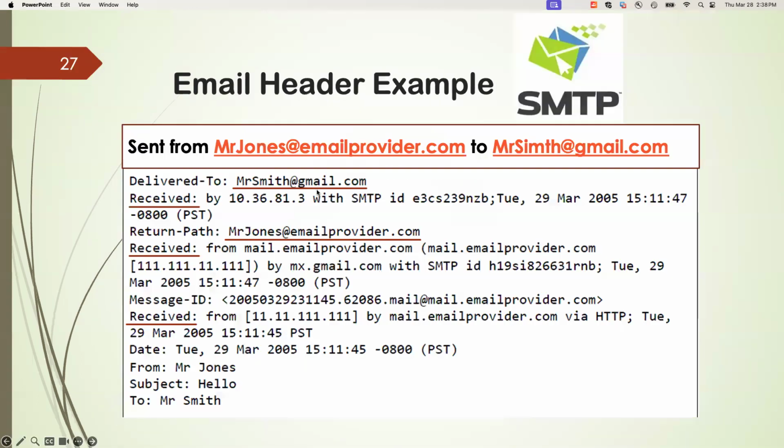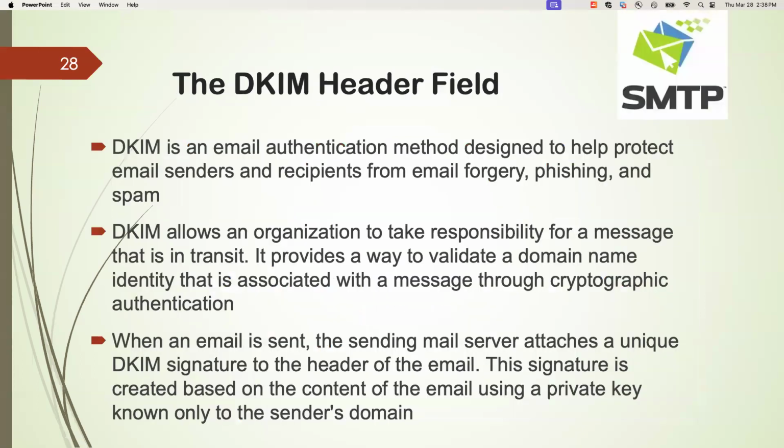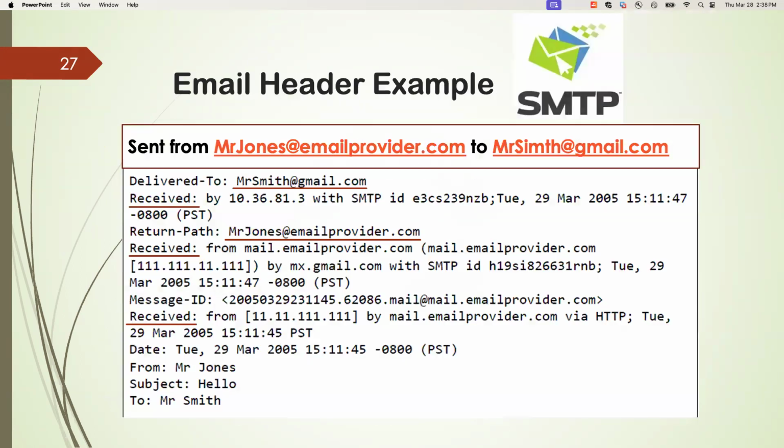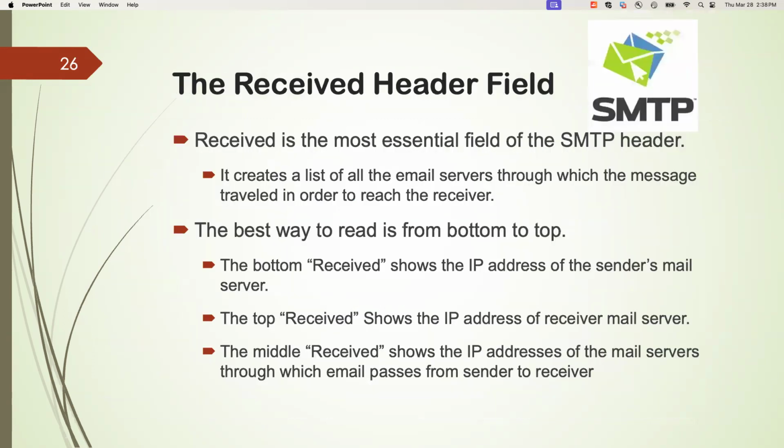So this way, we have learned three things so far. The first one was the DKIM field, which can be used to authenticate whether the email is coming from a legitimate organization or their mail servers. The second is message ID, which can be used to uniquely identify each email on the internet. And the third thing that we discussed was the received field, which gives us the complete path that the email took in order to reach the receiver's inbox.